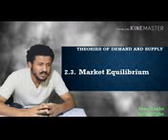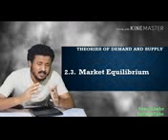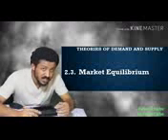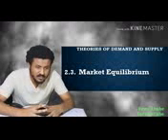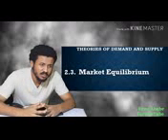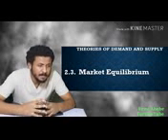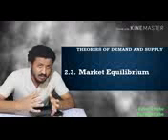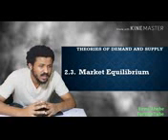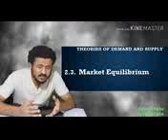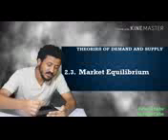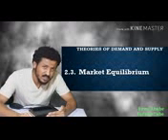With this, we know that the relationship between price and quantity demanded was negative and the demand curve was downward sloping. While coming to supply, the price and quantity supplied are positively related. So the supply curve is an upward sloping. And also we have seen that price can only affect quantity demanded but not demand.